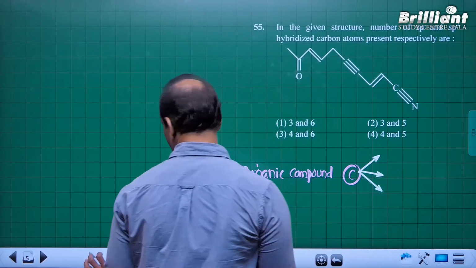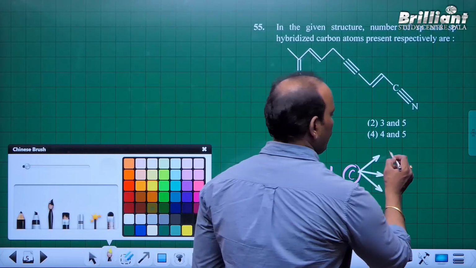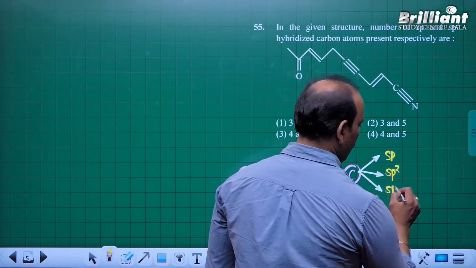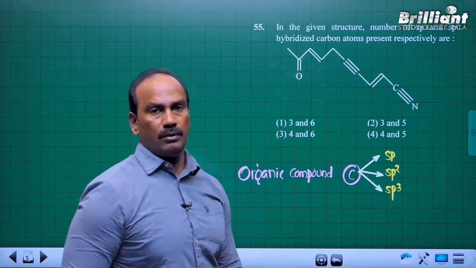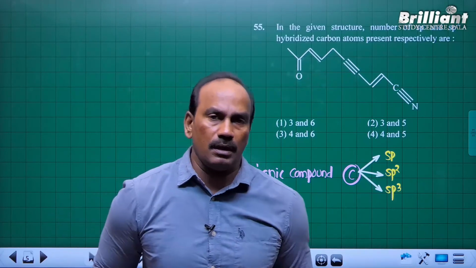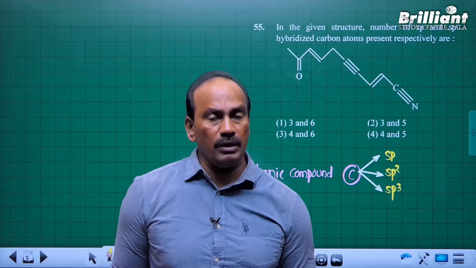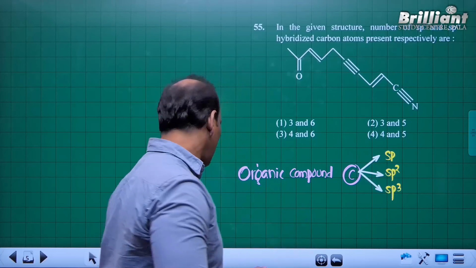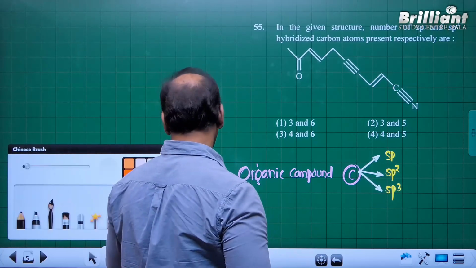Due to lack of d orbital, these are sp, sp2 and sp3. Okay? In carbon compounds, carbon is involved in only 3 types of hybridization because of non-availability of d orbital. Okay, how to identify this one?